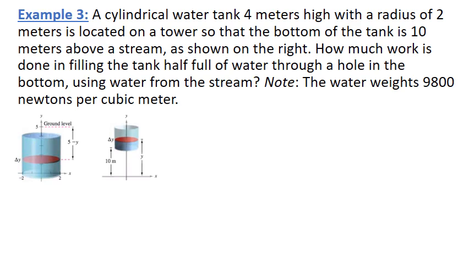How much work is done in filling the tank half full of water through a hole in the bottom using water from the stream? Note the water weighs 9,800 newtons per cubic meter. So if we know the weight per cubic meter, chances are we're going to want to find the volume of this particular tank.